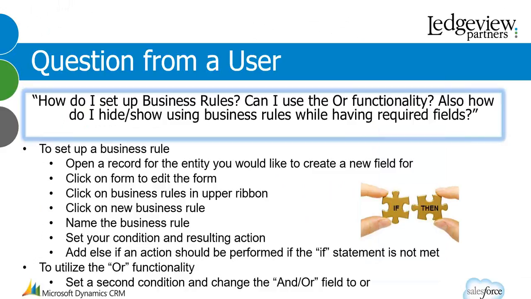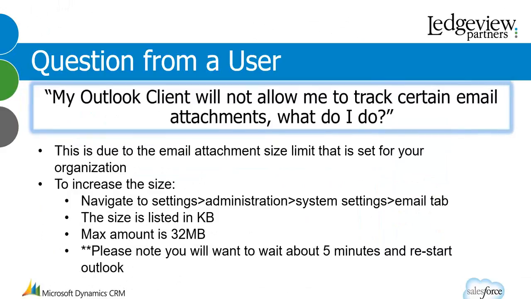If it's ever required, you don't want it to be hidden as well. So if you're setting it as hidden to start, meaning the field is hidden to start and then you're showing it based on a condition, you only want to show it if it's required as well. Same thing when you hide it. When you hide the field, you want to make it unrequired as well. Otherwise, you're going to have a required field that's hidden, and that's going to be very confusing for the user, and they're not going to be able to save.